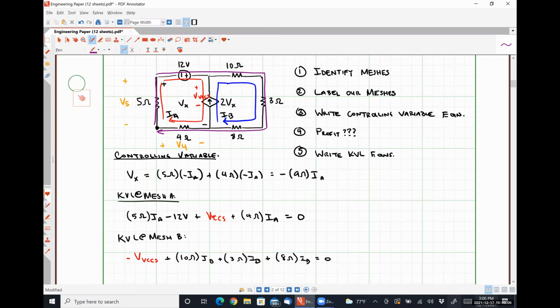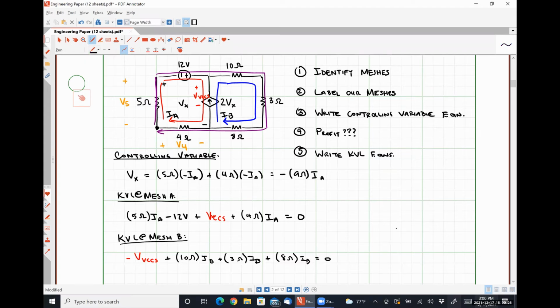We'll find that that path in purple is nothing more than our KVL equation at mesh A added to our KVL equation at mesh B, which is a perfectly acceptable thing to do because 0 plus 0 still equals 0.